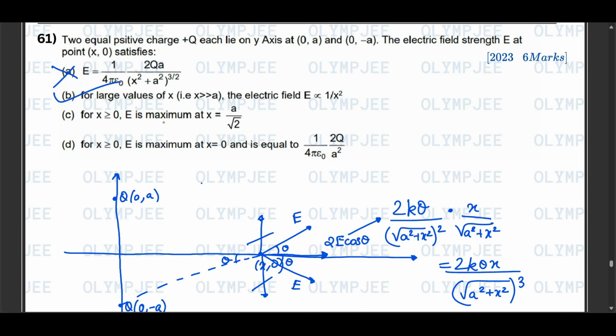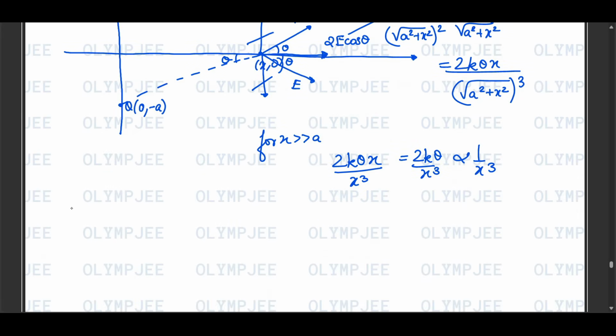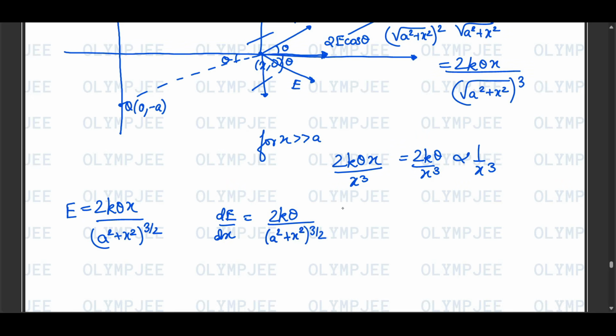and we need to find where is maximum. So E is given as, right, so dE by dx will be given as, right.